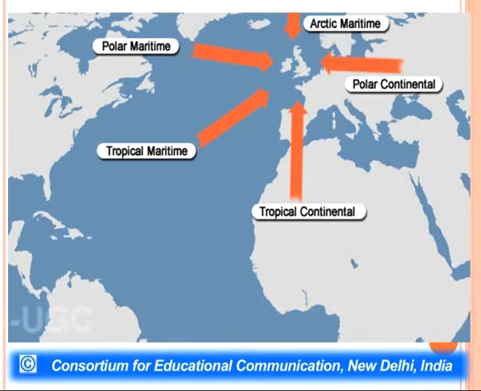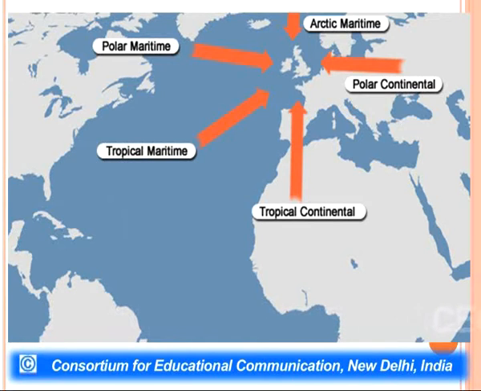Three sides are surrounded by water. So, this unique condition brings a lot of moisture to Europe. Friends, these are the four air masses in winter season.